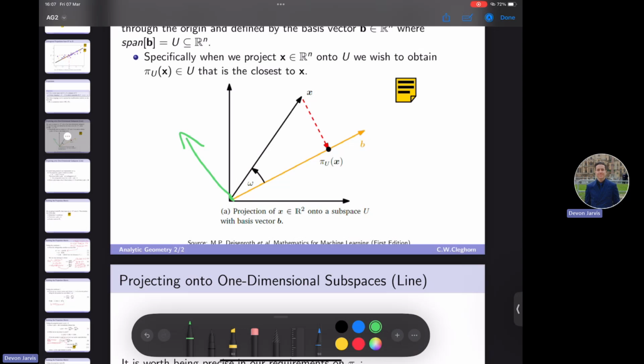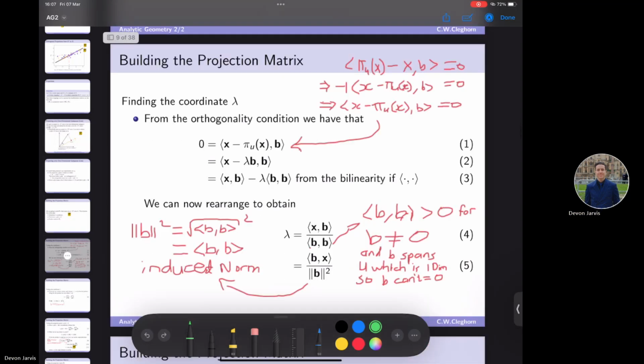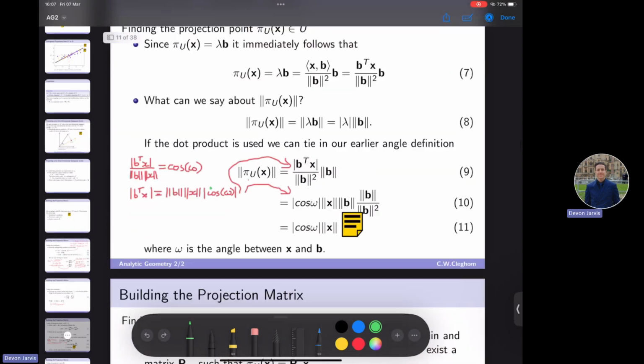At that point, we're at 90 degrees, so cos of 90 is going to give us 0, and our orthogonal projection is going to give us lambda equals 0. Okay? Similarly, if we're already working on that, there's no angle, and so cos of 0 gives us 1, and so the norm of pi of x will just stay the same, and it's just the norm of x. Okay?